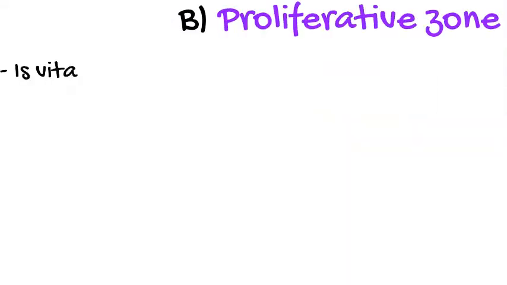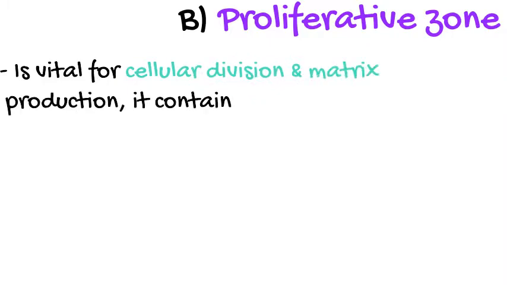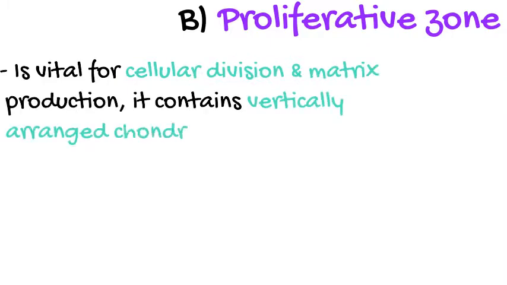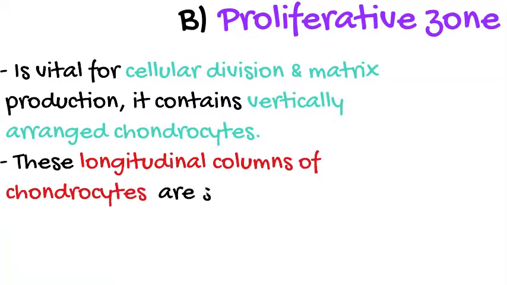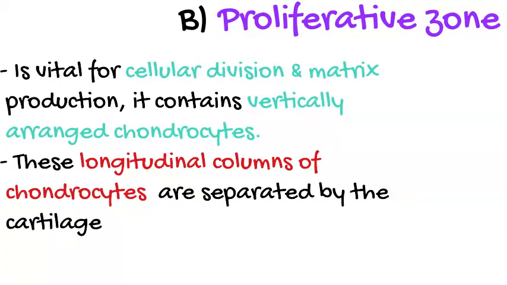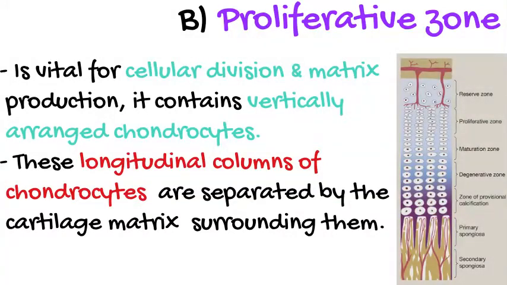For B, the proliferative zone. It is located adjacent to the resting zone. The proliferative zone is vital for cellular division and matrix production. It contains vertically arranged chondrocytes. These longitudinal columns of chondrocytes are separated by the cartilage matrix surrounding them.